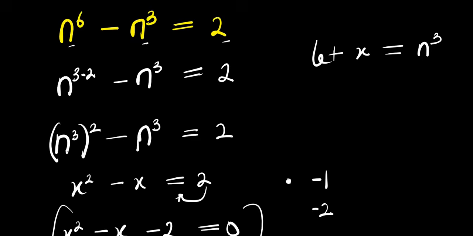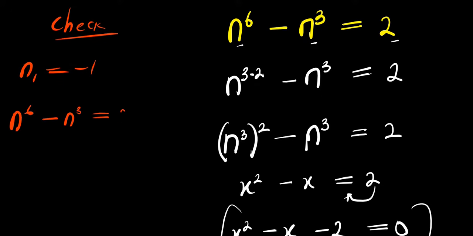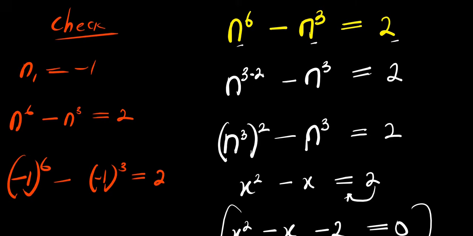So if you want to test, you can test for each of the real values. Remember, n1 equals -1. If you have n power 6 minus n power 3 equals 2, if you insert -1 for n, you have -1 power 6 minus -1 power 3 equals 2.